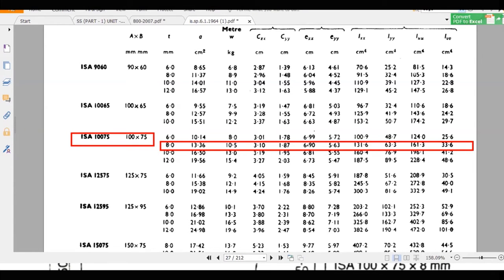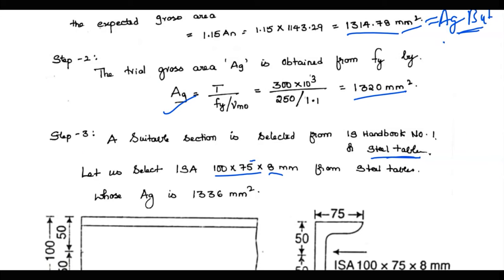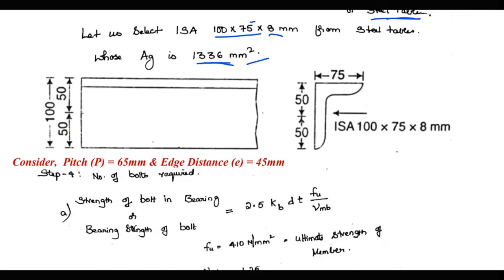See, the area is 13.36 centimeter square. So in mm square it comes to 1336 mm square. So this is a suitable section. So this is how the section is going to be, 8 mm thick.